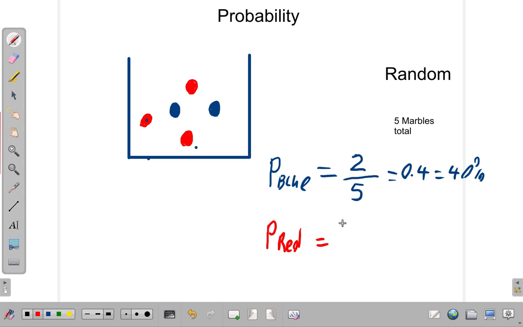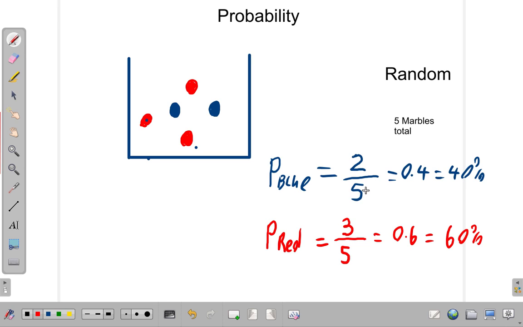What you have are 3 red marbles. You must divide by the total number of marbles that are there, which is 1, 2, 3, 4, 5. So it is 3/5. This is the same as 0.6 or 60%. So you see that? You have 5 marbles in total.